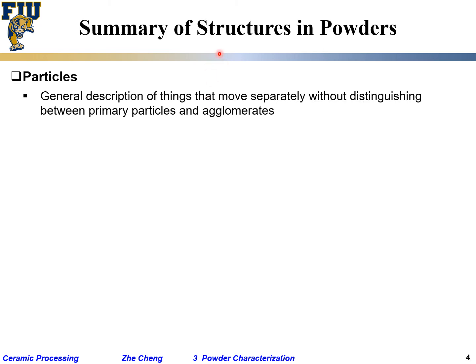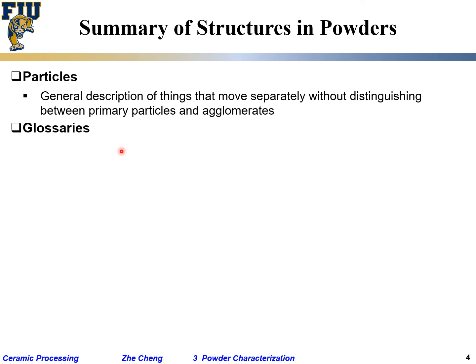And structure in powders. Particles, we said, is a general description of things separately, without distinguishing between primary particles or agglomerates. We just call them particles. If we don't want to tell whether it's a primary particle or an agglomerate, which is many smaller grains coming together.